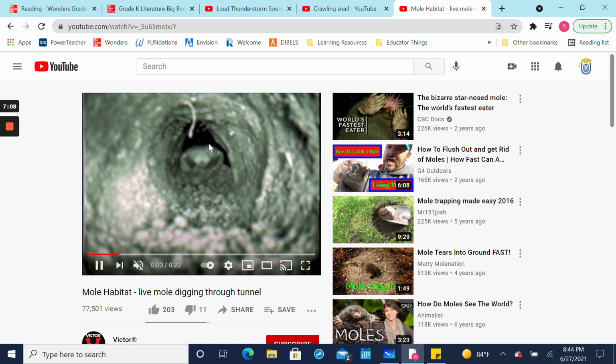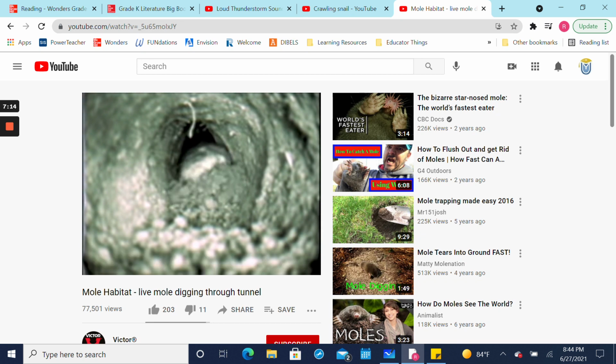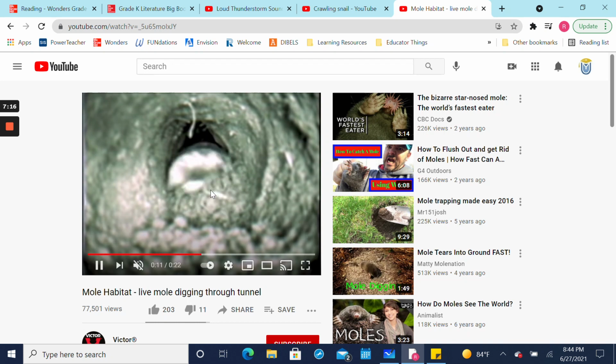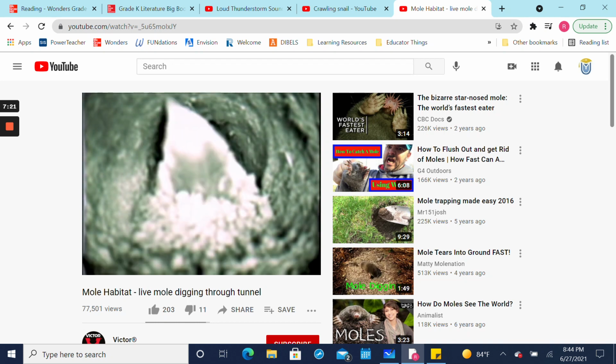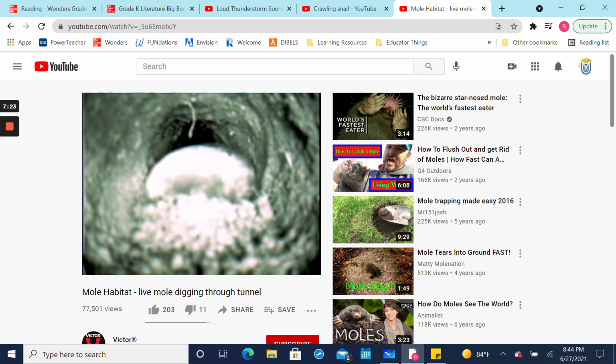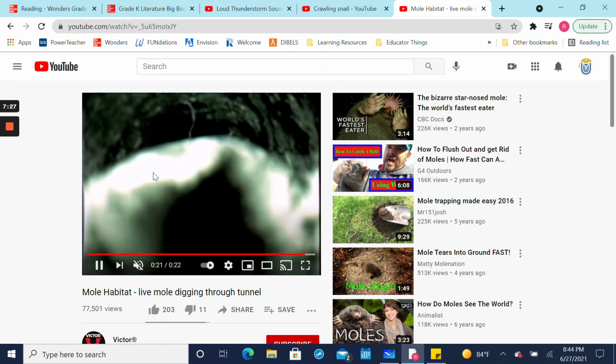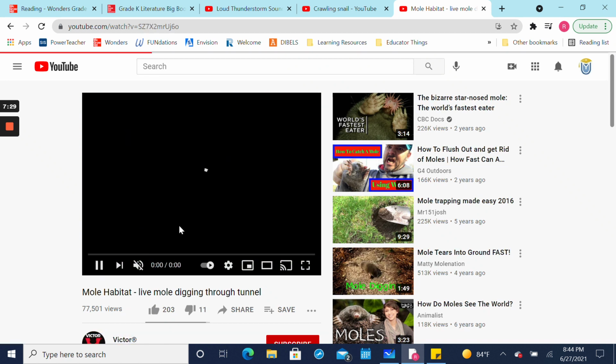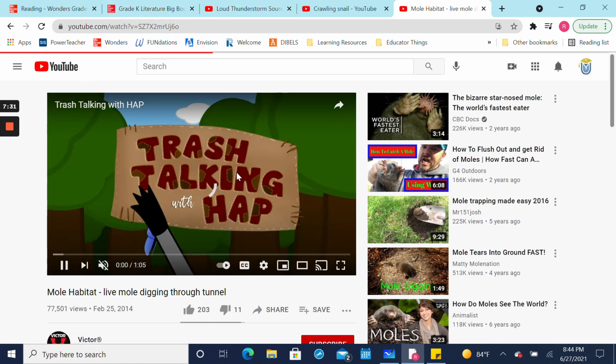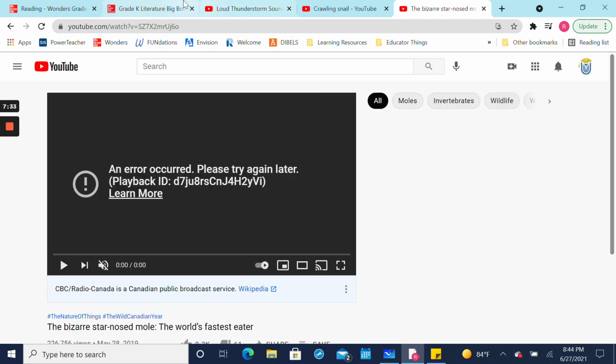So as you can see right here, this is a mole and he is burrowing through the ground. What do you think burrowing means as we look at this video of this mole who is burrowing? What do we think that it means? Well, I think that it means that he is moving dirt.